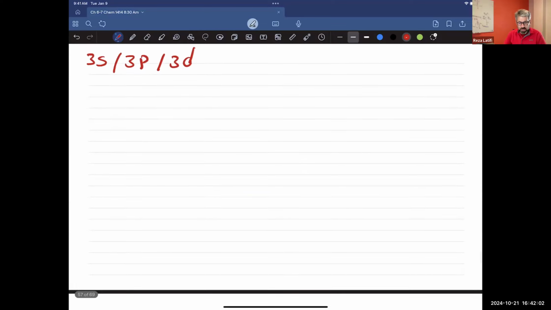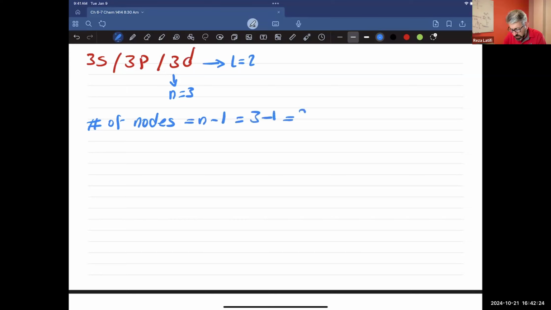Let's go with the 3d first. For 3d, n is equal to 3 and L is equal to 2. The number of nodes is n minus 1, so 3 minus 1 gives 2 nodes. Those 2 nodes are distributed between angular nodes and radial nodes.